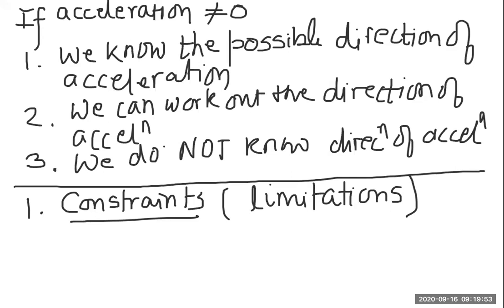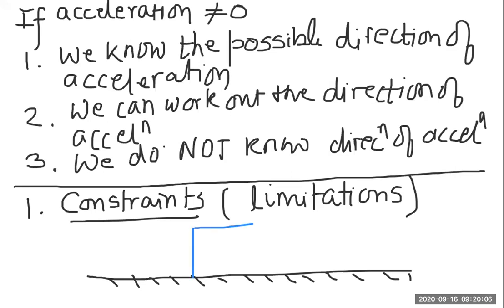So supposing that I tell you that there is a horizontal fixed surface, and on this horizontal fixed surface I have a block of mass m, and on this block of mass m I am going to apply a force. Okay.